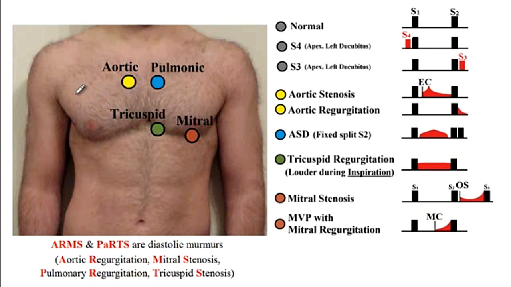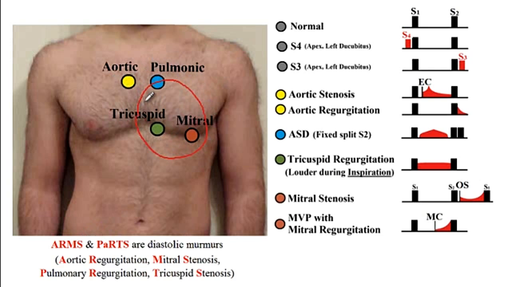But then if you want to exactly pinpoint the murmur that you're dealing with, there are two important facts you have to be familiar with. One, the location of the murmur. In which of these 4 points is the murmur loudest? And then finally, whether the murmur is diastolic or systolic. Now, with the location of the murmurs, if you have difficulty memorizing where each of these valves are located, just imagine the location of the heart here.